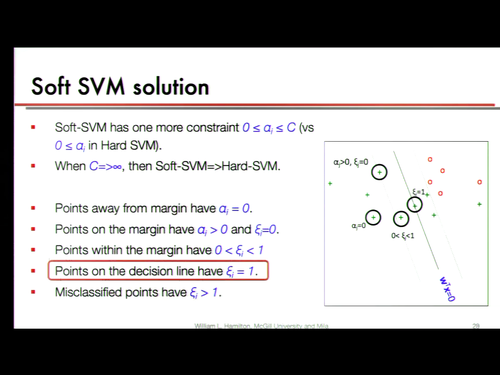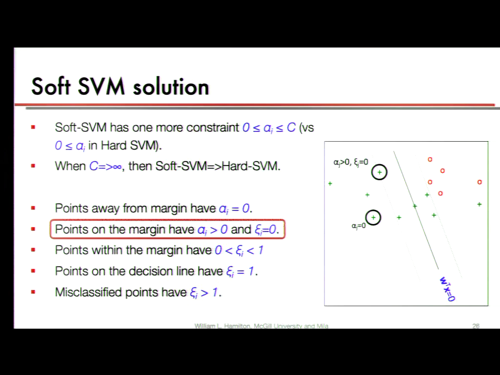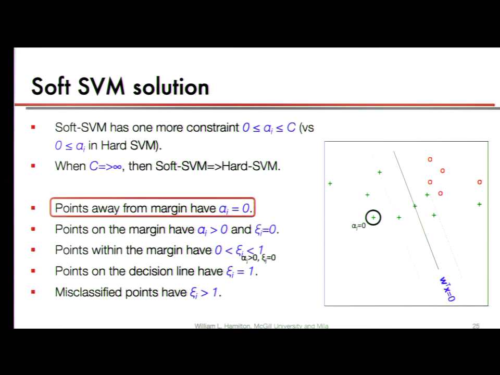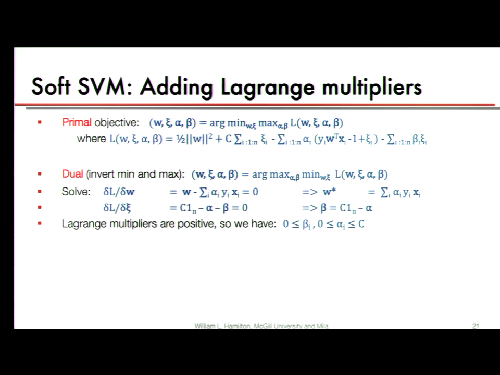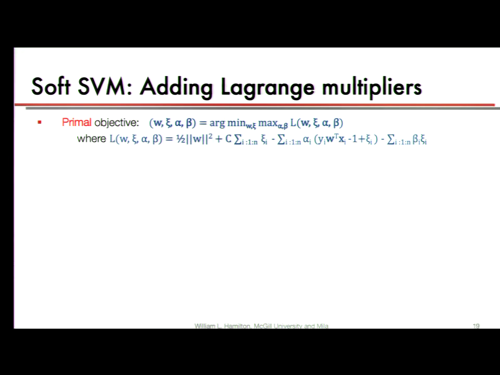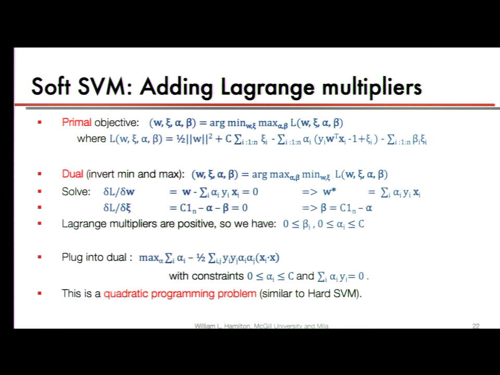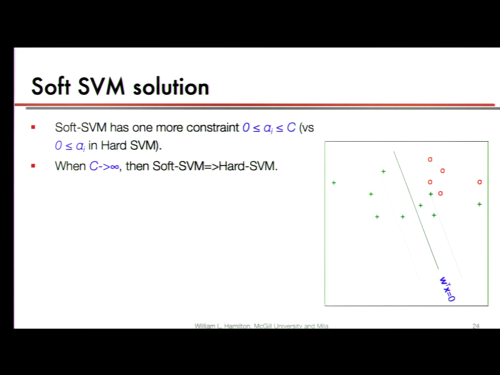Because if you remember, we weren't just doing this optimization. We actually have this C term, which tells us how much we care about these slack variables compared to our margin. What this basically says is that if C is 1, then we're kind of okay with things being off by one margin unit.